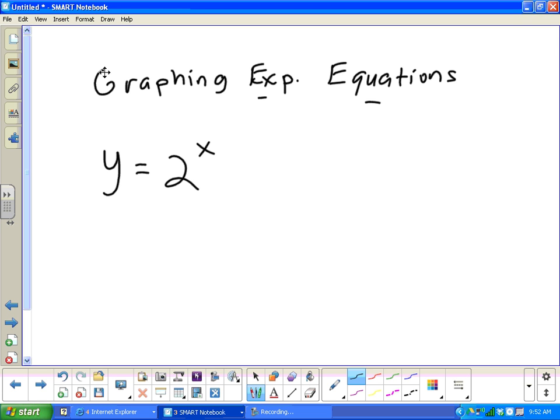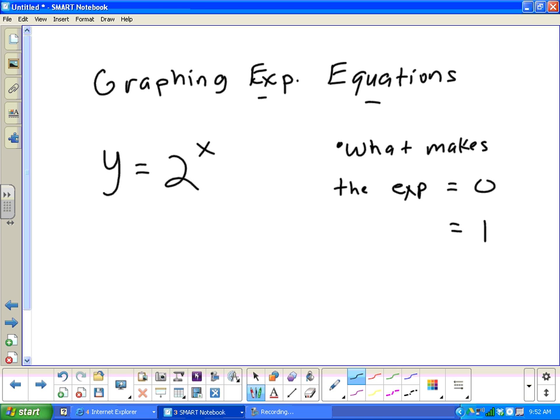Now, here's what we do. We look at basically three things, and it's not real difficult. First thing, ask yourself, what makes the exponent equal 0 and equal 1?